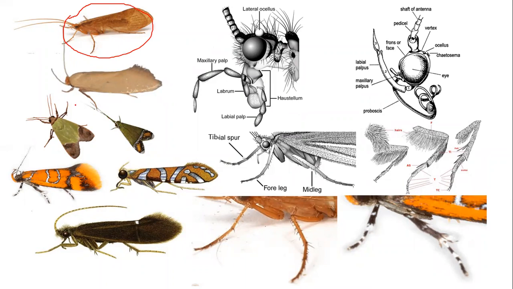Okay. Can anyone say what these two insects are? Are they moths or caddisflies? It's a trichoptera. Okay, thank you. Yes, it's trichoptera. Okay, now next thing. What are these two insects? Are there any trichopterans here or are both lepidopterans?